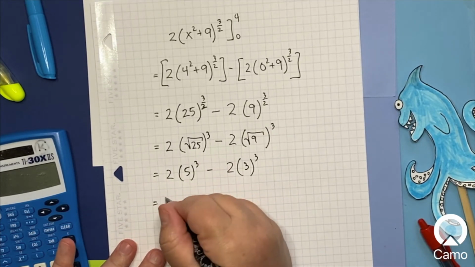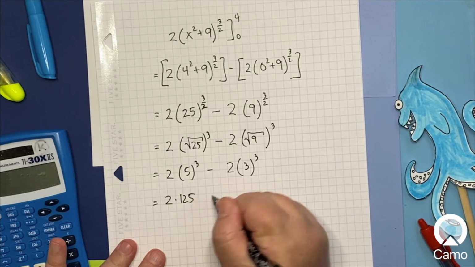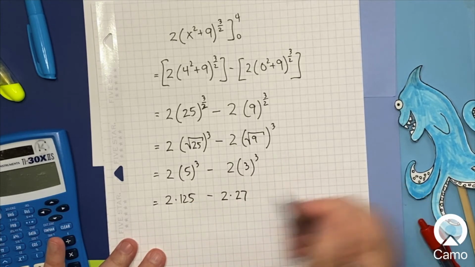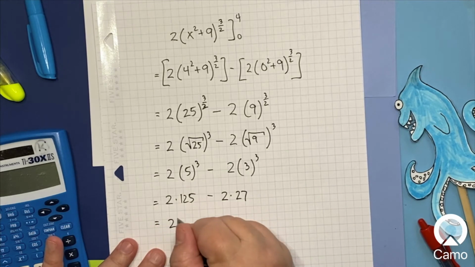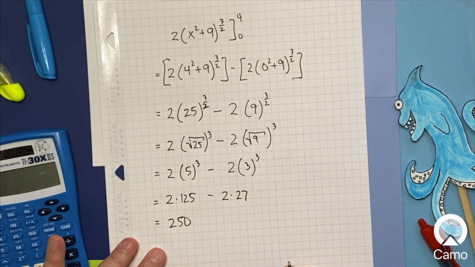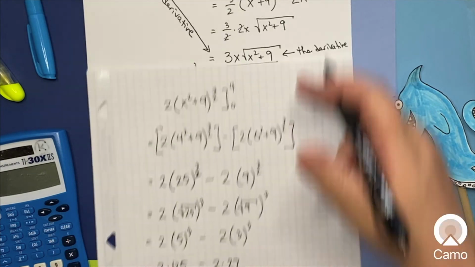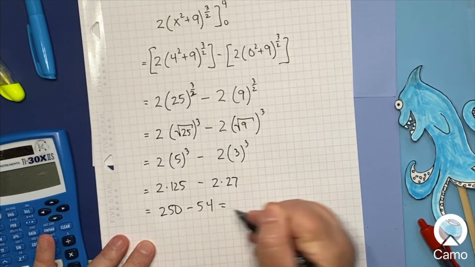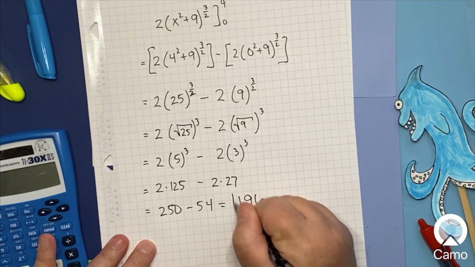So we've got 2 times 125 minus 2 times, I think that's 27. So it's 250. Oh my goodness, this is the longer part of all of this. Okay, minus 54 equals 196.